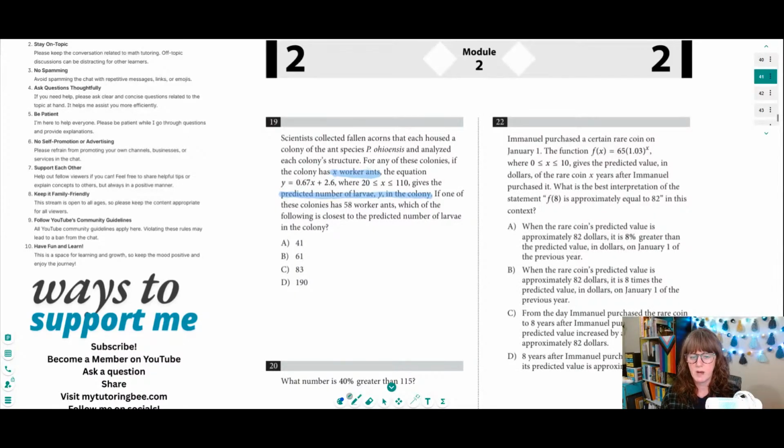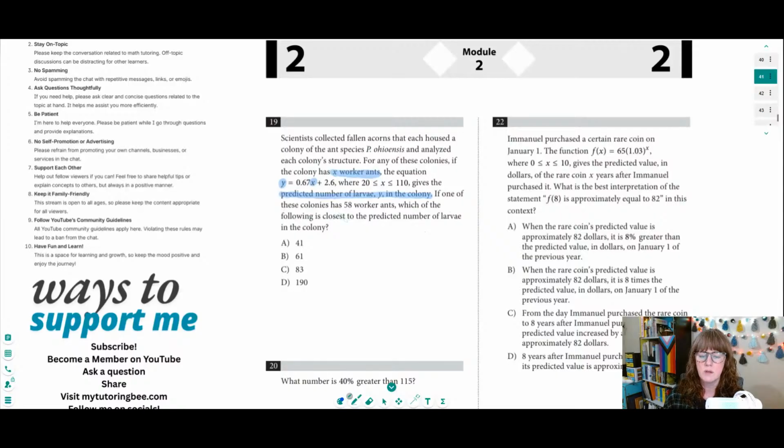Those are the two pieces of the puzzle we're going to be concerned with. And the number of worker ants has to be somewhere between 20 and 110. I just wanted to break that down before we moved on.